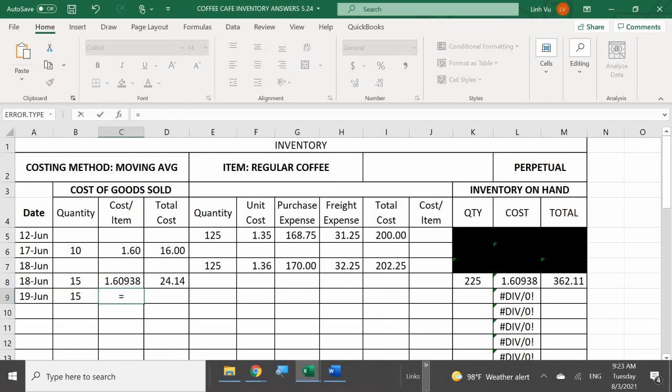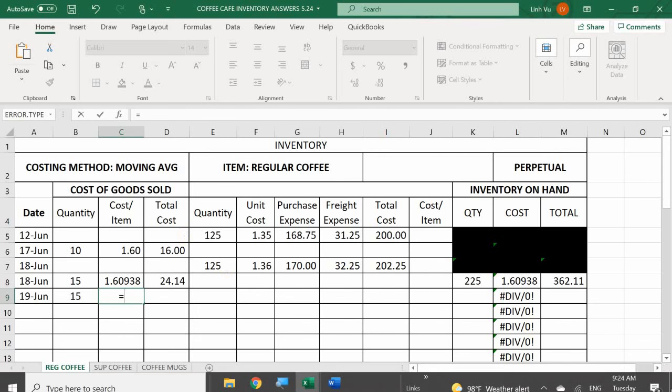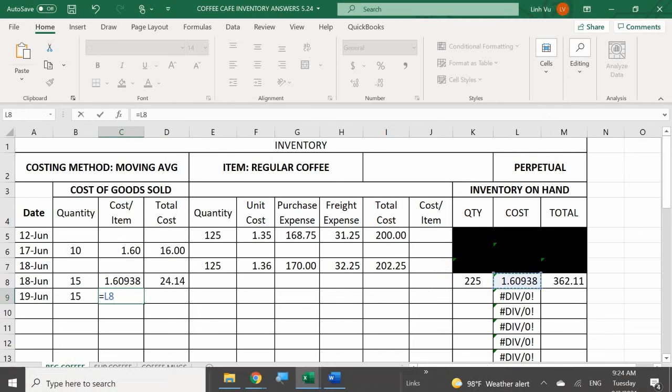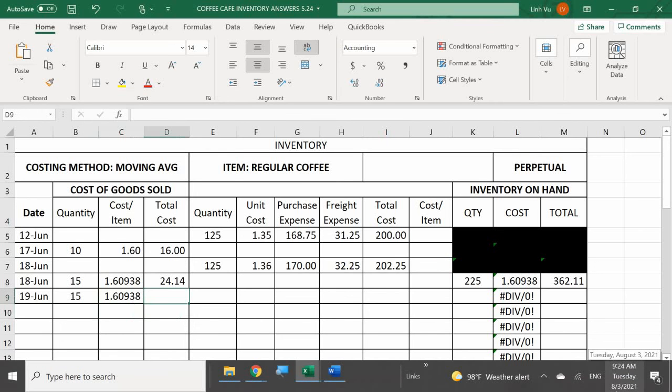Because we are getting rid of the 15 pounds anyways, right? At what cost per item is going to be every pound that I sold? $1.60938. Okay.